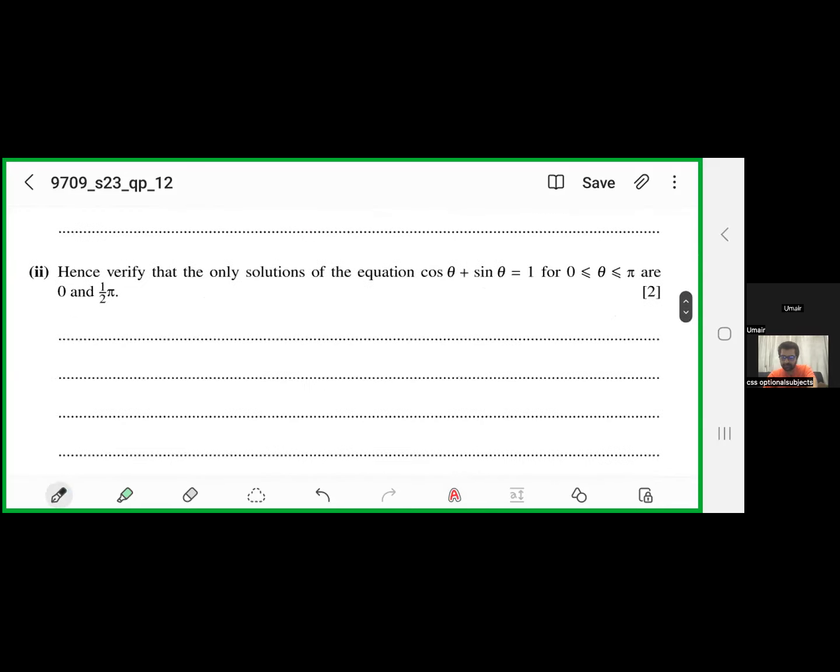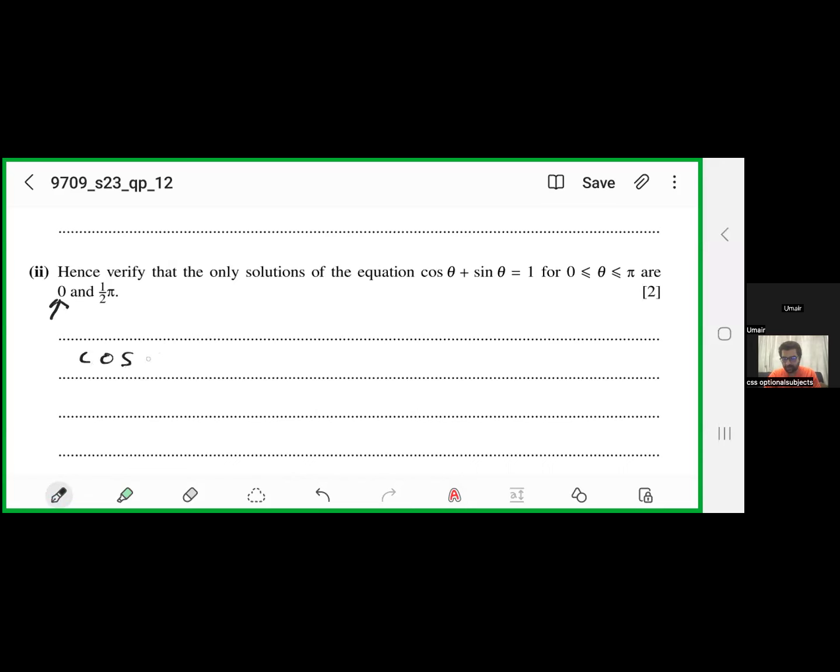The next question is, hence verify that the only solutions of the equation cos theta plus sin theta is equal to 1 for theta greater than or equal to 0 and less than pi are theta equal to 0 and 1 by 2 pi. Very simple. You just need to put the value 0 in place of theta to evaluate whether this is the solution.